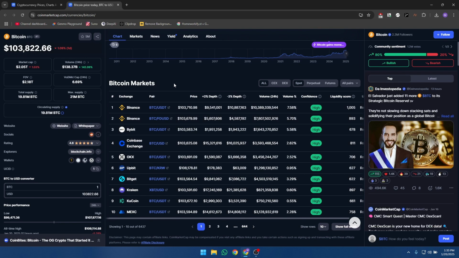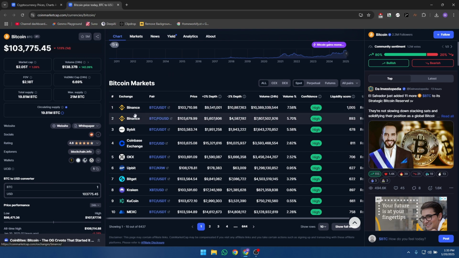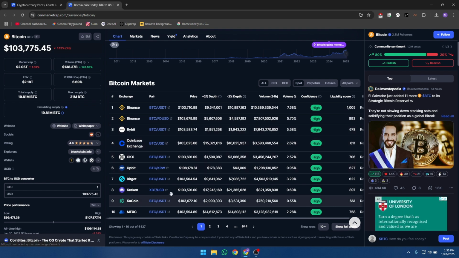What this essentially means for the coin is what type of exchanges it's being traded on. So we have the big ones here: Binance, Buy Bitcoin Best Exchange, OKX, and so on. And these are centralized exchanges.